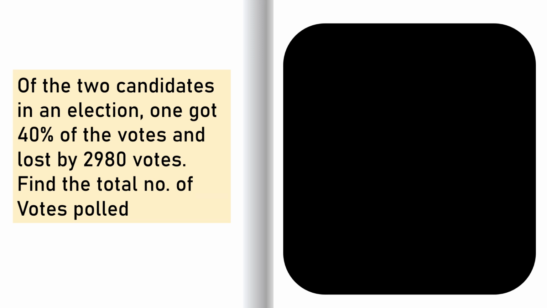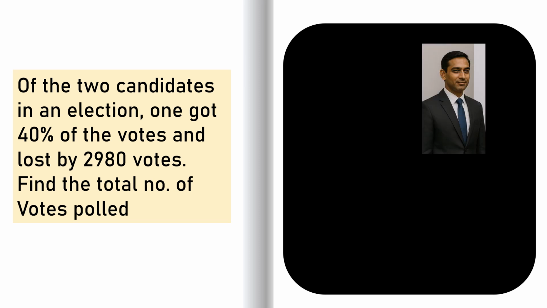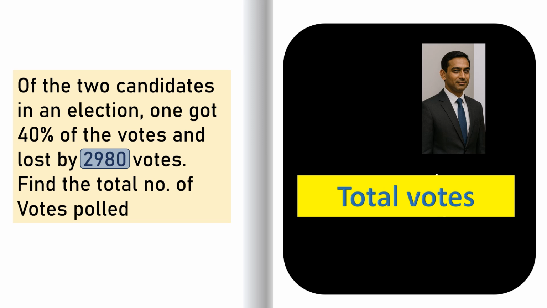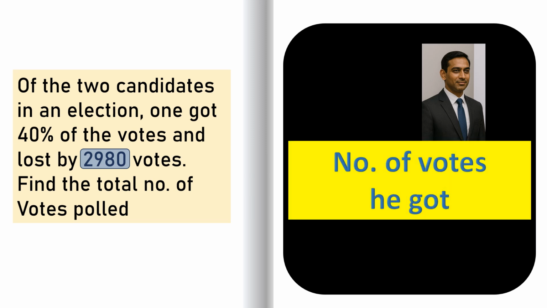Time to use your brain. The question says, of the two candidates in an election, one got 40% of the votes and lost by 2980 votes. This clearly means we are talking about the person who got 4x over 10 votes. And what do you think this number 2980 is? Is it the total number of votes? No. Is this the number of votes he got?